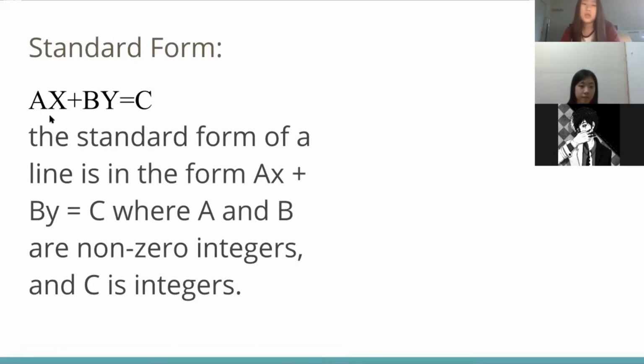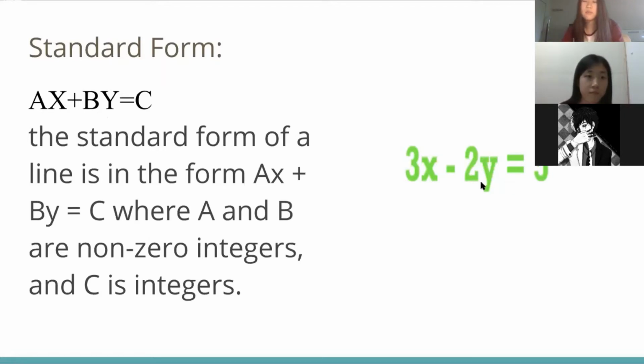So in order to have x and y, you cannot have a or b be 0, and c can be any number. So c can be 0 too. And that is an example of the standard form: 3x minus 2y equals 5. So you see that it says ax plus by, but it can also be ax minus by. It's the same depending on the value of y.